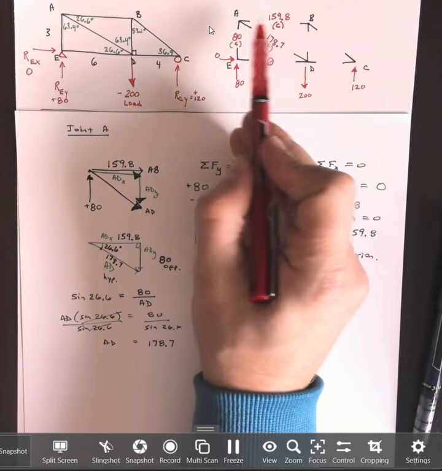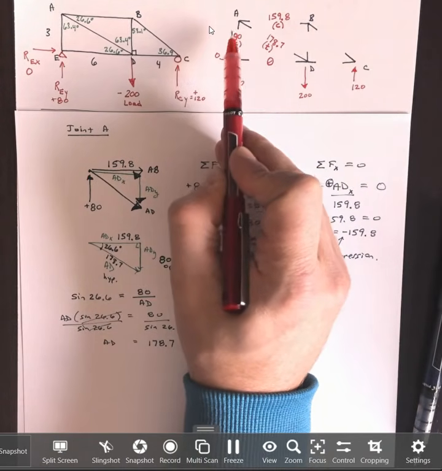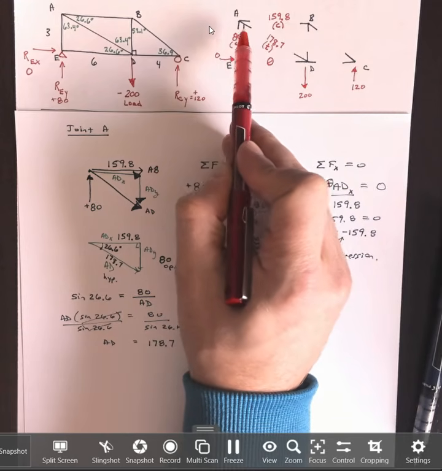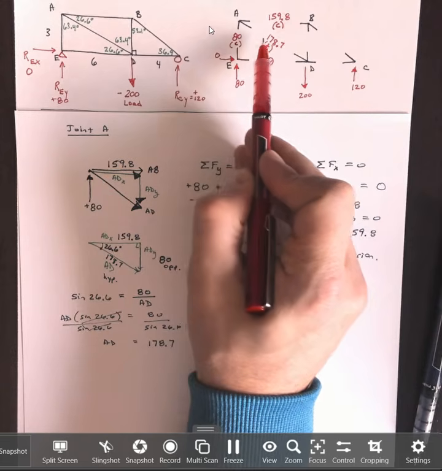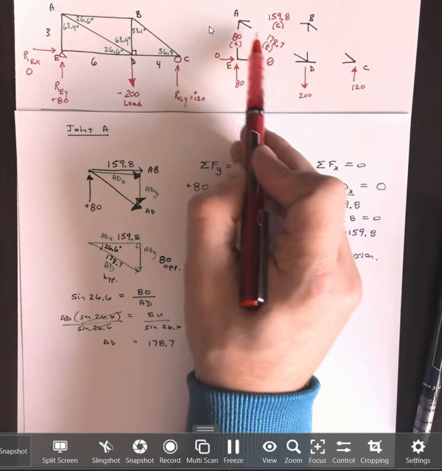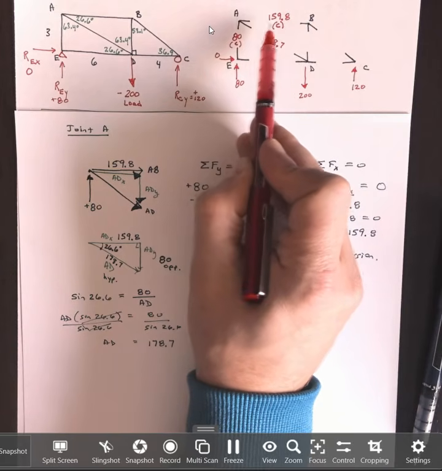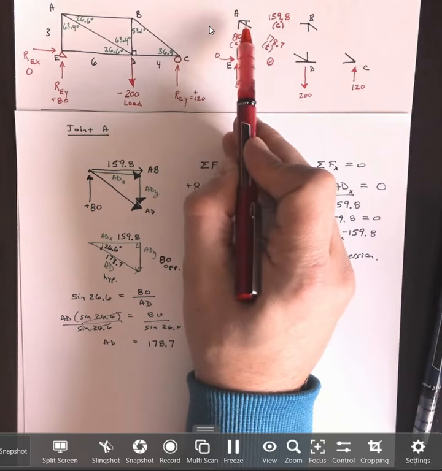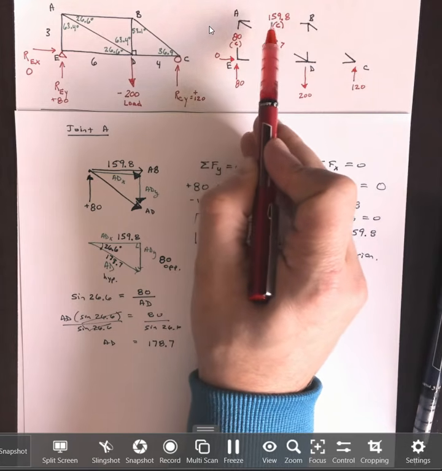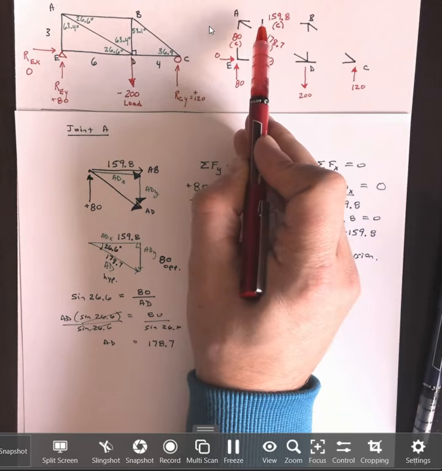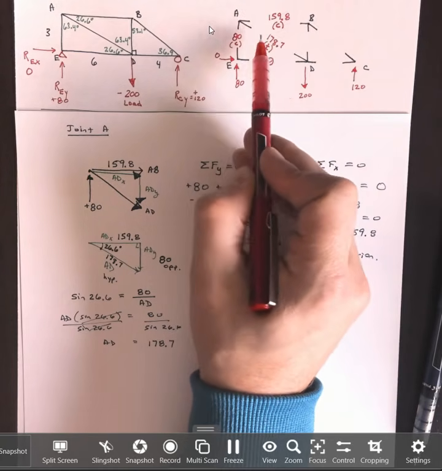So horizontally speaking, at joint A, we had AB, and there's no other horizontal, it's just this diagonal. You can see the diagonal has a horizontal component. That horizontal component is pulling on A to the right, and AB is pushing on A back to the left, so they balance each other.